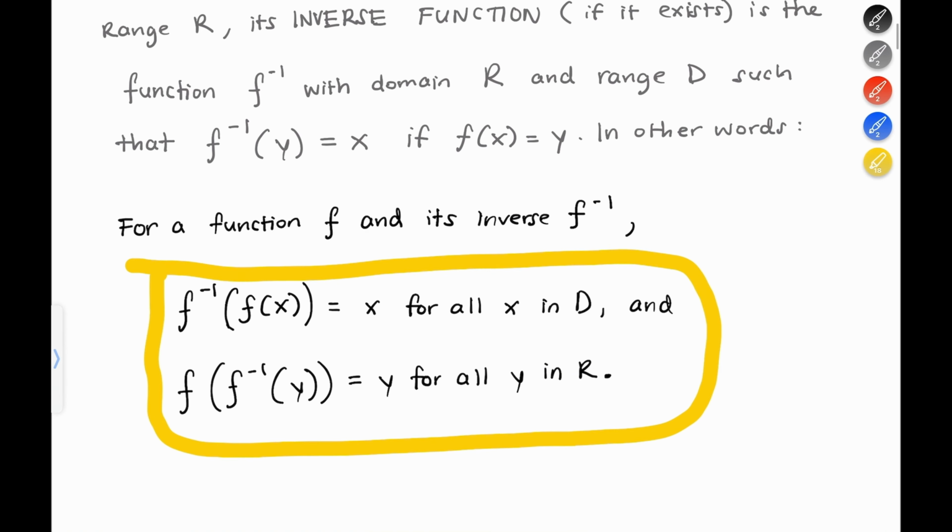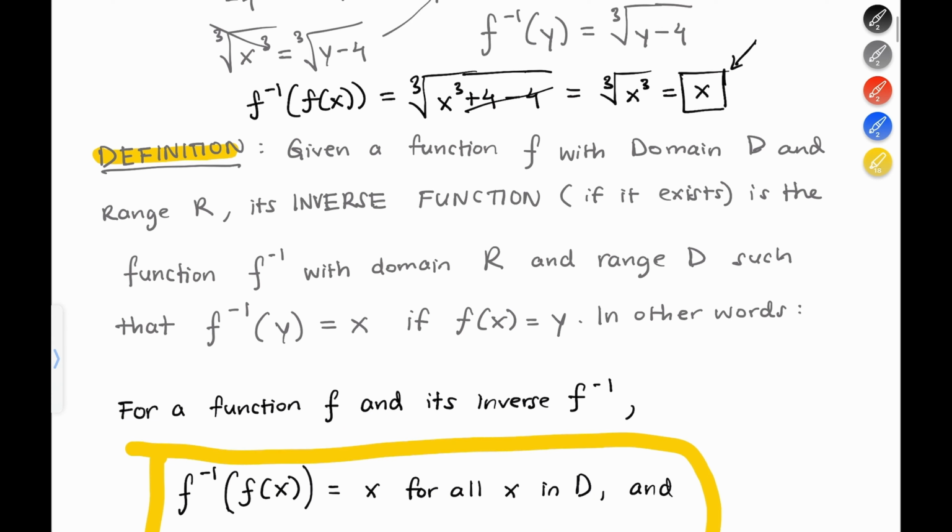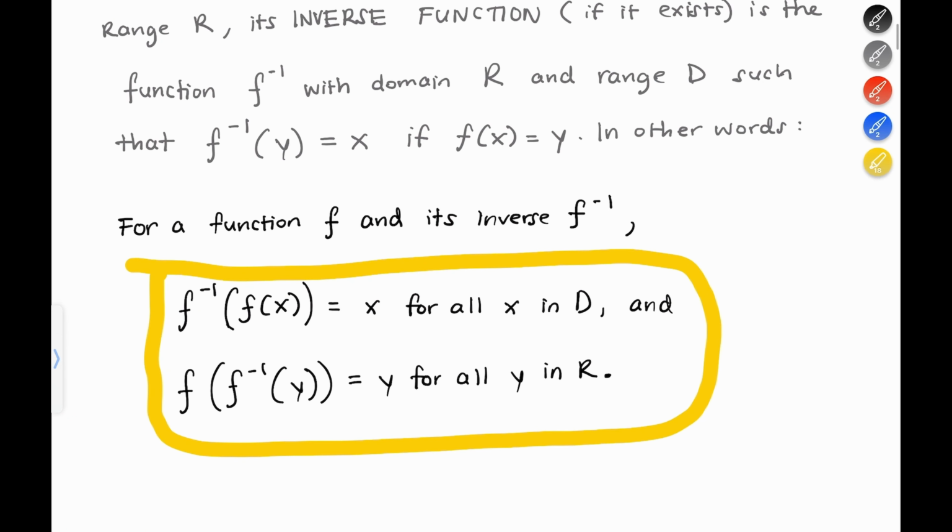The key thing to take away from here is that when you take an inverse of a function, the domain and the range flip. So the domain D and the range R in the original function turn into a domain R and a range D. Another thing to note is that if you take the inverse function of the original function, it will equal x, and if you take f of the inverse function, it will be equal to y.